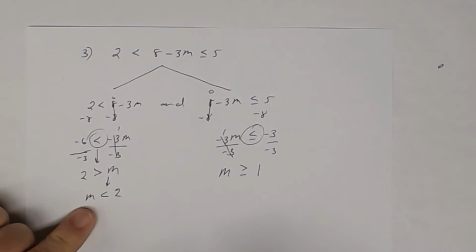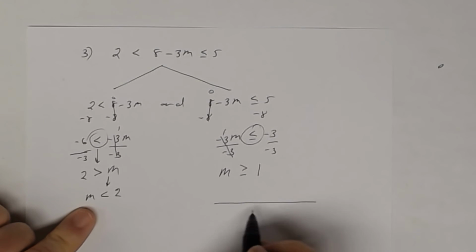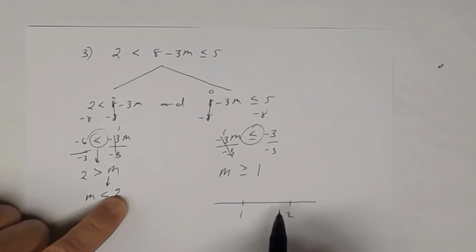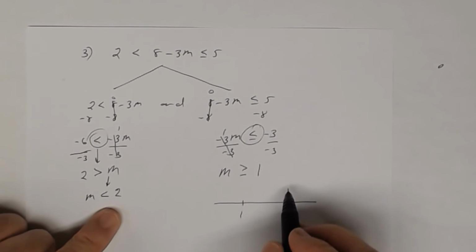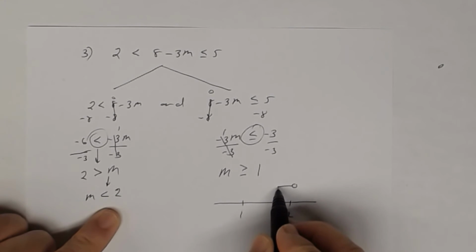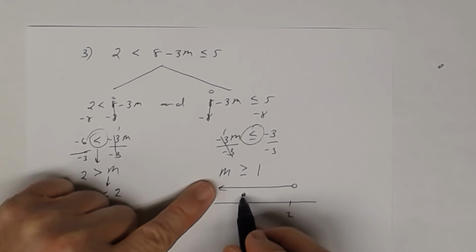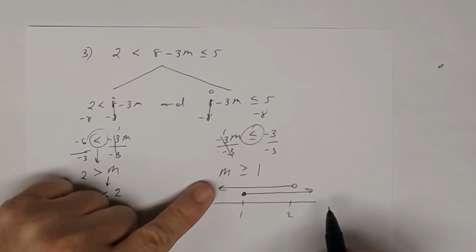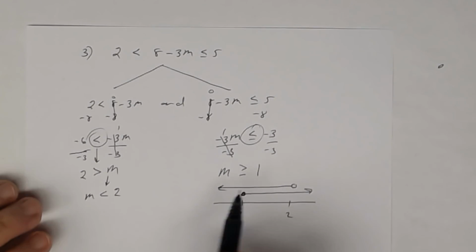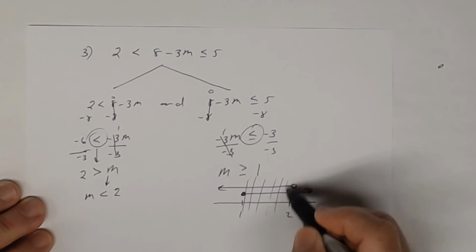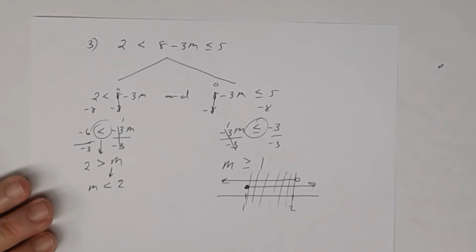That's what that says. So let's look at each one individually. So here's 1, here's 2. Put them in order. So m is less than 2, open circle, going to the left. M is greater than or equal to 1, closed circle, going to the right. And so the solution to the original would be the intersection of those two graphs.